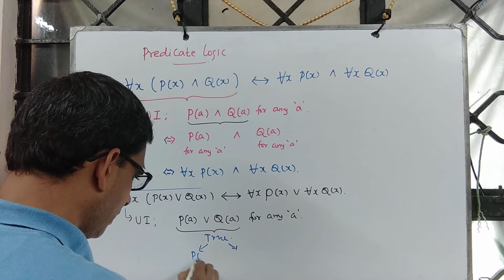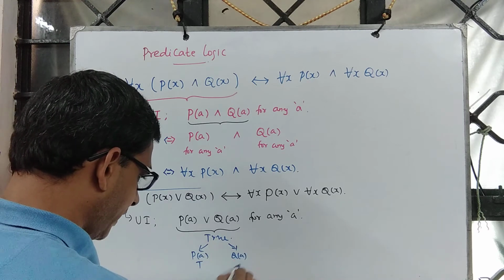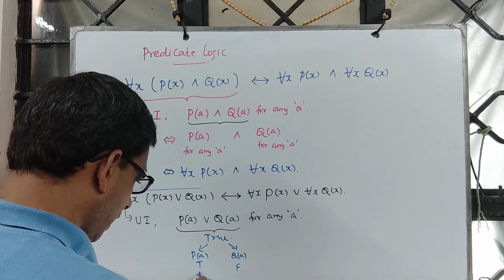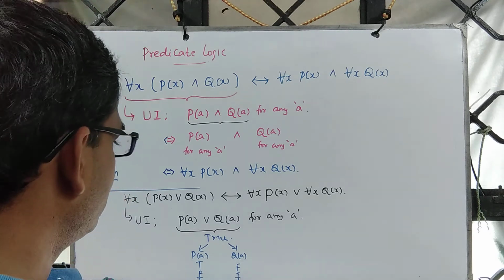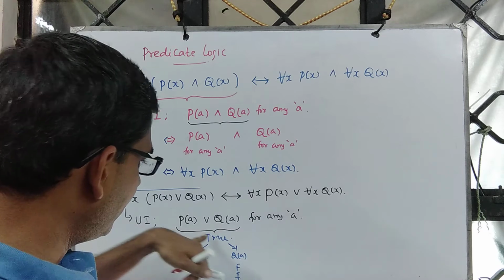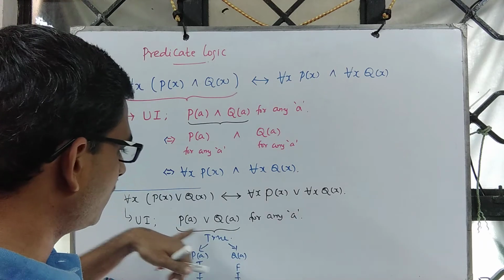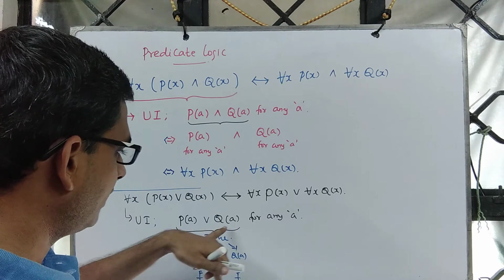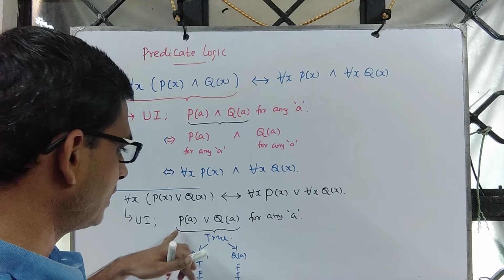P of a can be true and q of a can be false, or this is false and this is true, or both are true. So there is a possibility that the entire expression is true, but this may be false for a particular a and this is true in that case, or this is false and this is true.